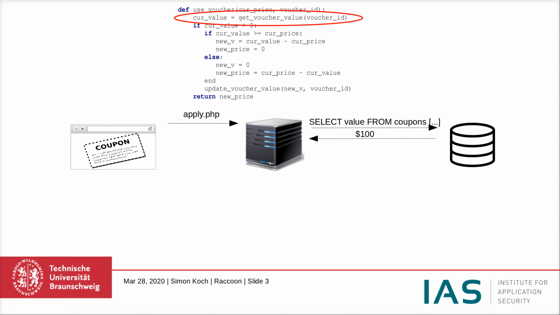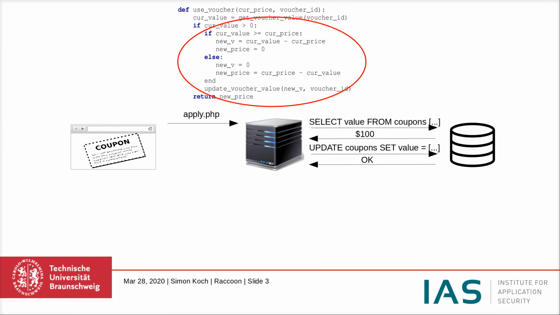It then checks whether the coupon has still some value left, and then applies that value to the value of the shopping cart. After this, it updates the value of the coupon in the database accordingly. Finally, the function returns the new reduced price.